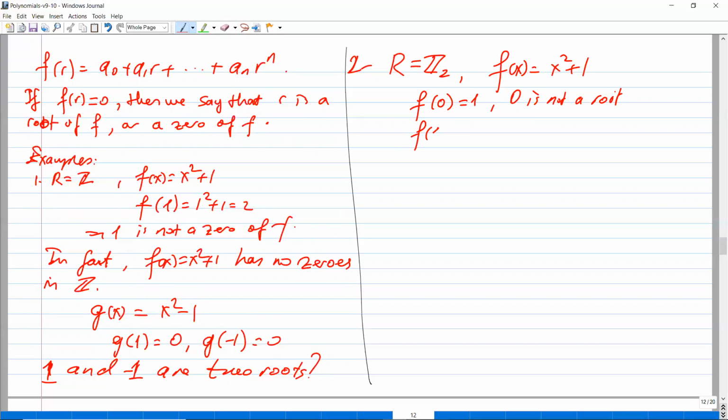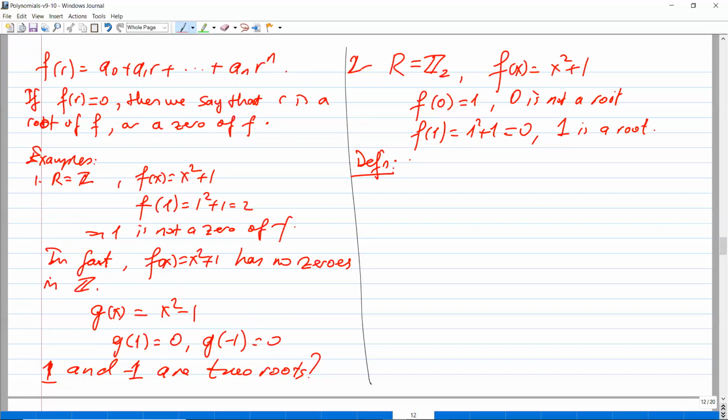And if you look at f of 1, it is 1 squared plus 1 in Z2. This is 0, so 1 is a root of f.